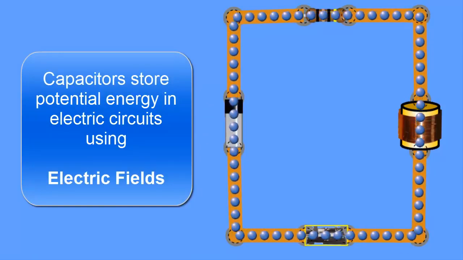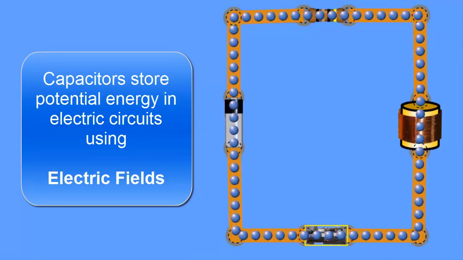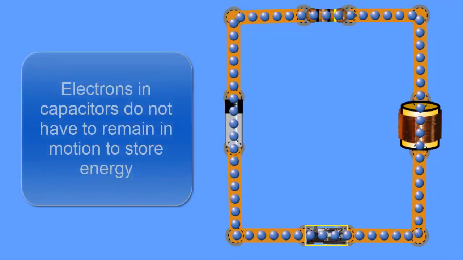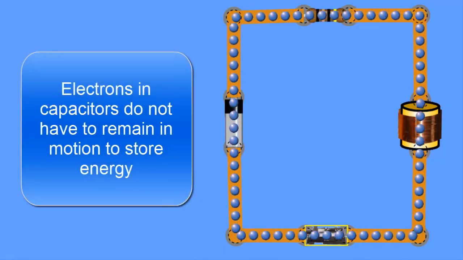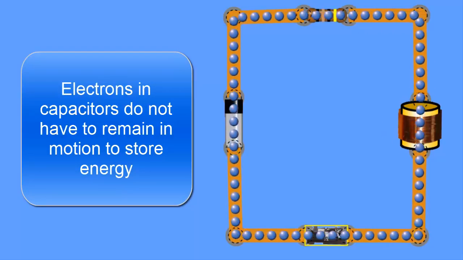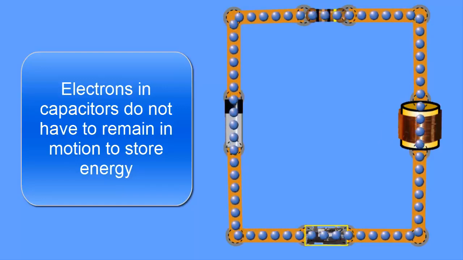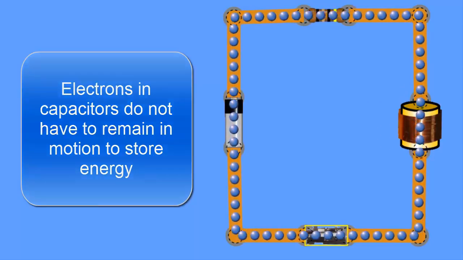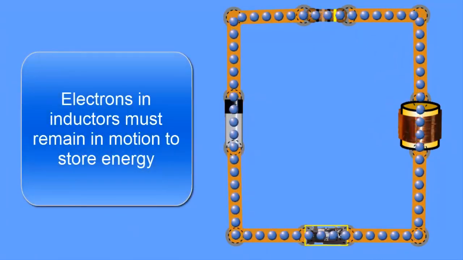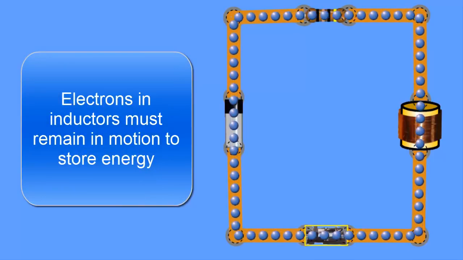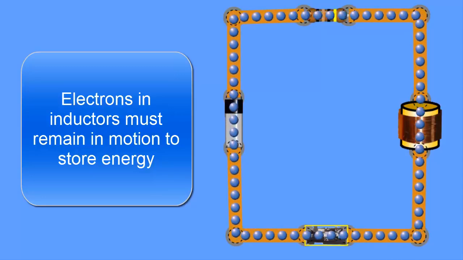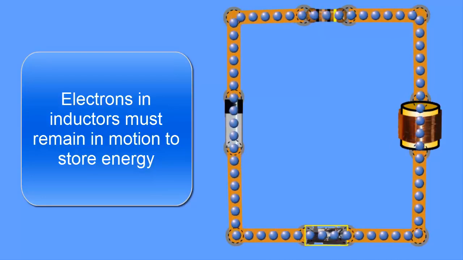They store energy in the form of an electric field, energy due to position. In a capacitor, we push electrons onto one plate and pull electrons from the other plate. There's a force between the plates, and the charge on the plates exerts a force. So we can look at these two devices that way, one potential and one kinetic.